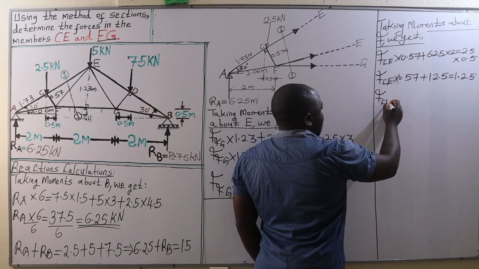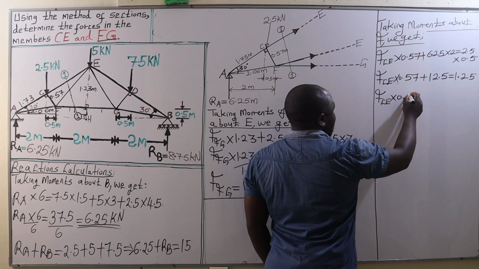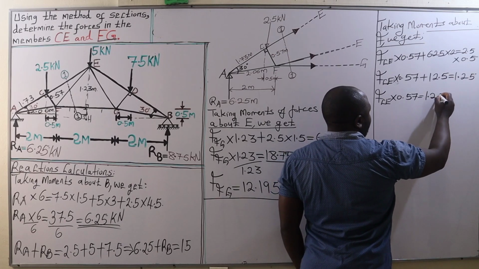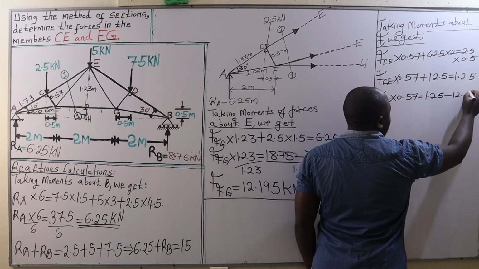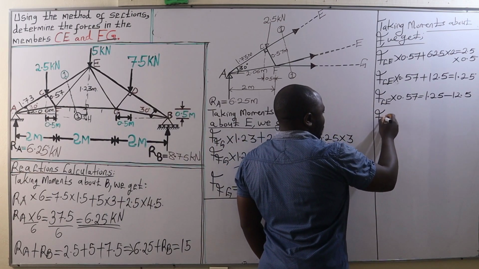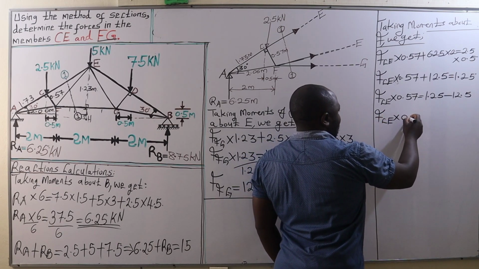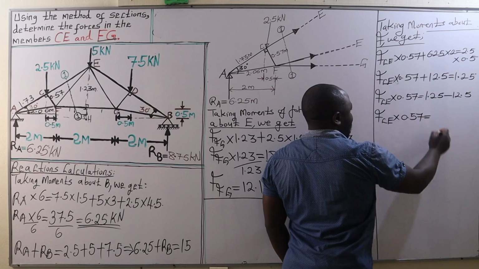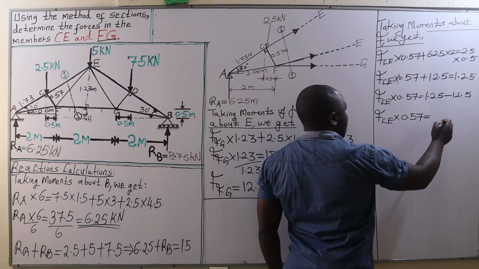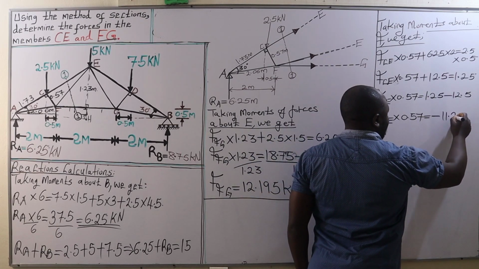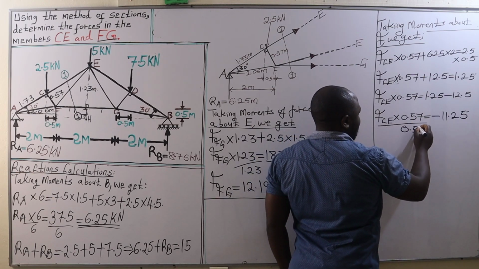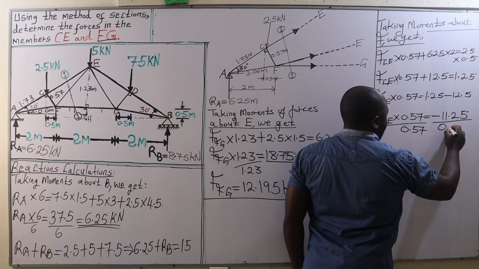So this is going to be FCE times 0.57 being equal to 1.25 minus 12.5 kilonewtons. And therefore, this is going to be FCE times 0.57 being equal to 1.25 minus 12.5, that will be 11.25, and in this case negative, so negative 11.25. To get the value of FCE, we divide both sides by 0.57.